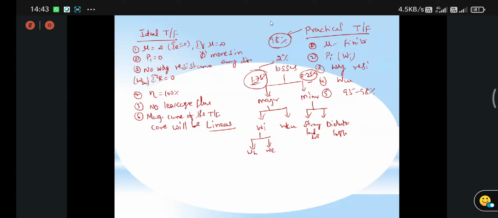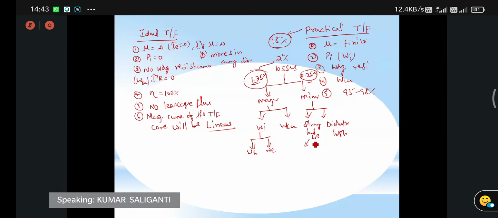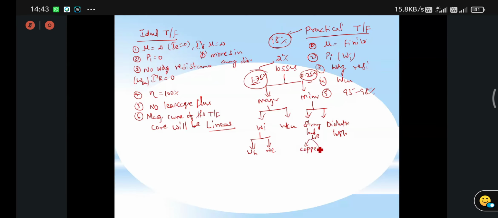The stray losses occur in the copper parts or iron parts, but the dielectric loss is because of insulating materials.